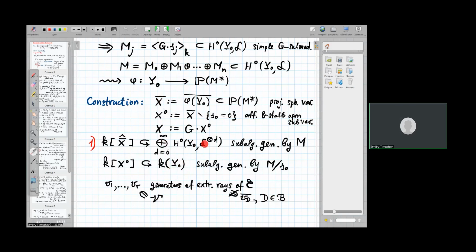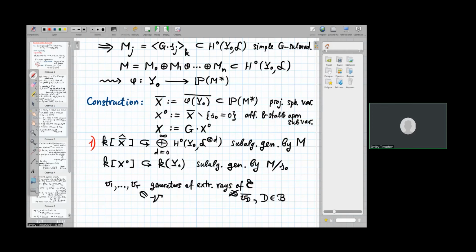And the fraction field of this algebra is a pure transcendental extension of the field of rational functions on X bar. Let me write it here. Maybe it would be instructive because I say everything in words and it is hard to grasp. So we have these kinds of inclusions.